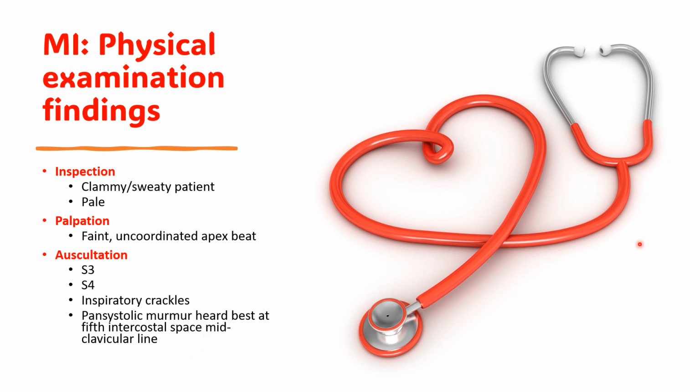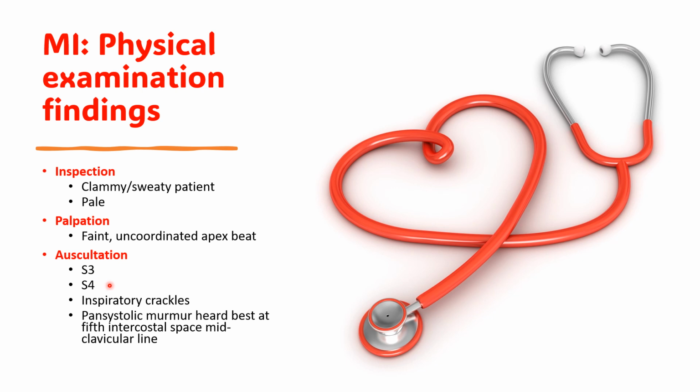So essentially, why we have S3 is because there's a reduced stroke volume and cardiac output. There's left ventricular overfilling and turbulent early diastolic flow into a full left ventricle. And that's the reason why you have an S3. When you have an S4, the ventricle's non-compliant.